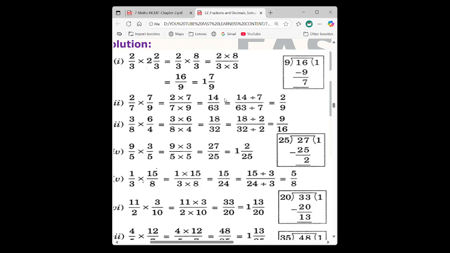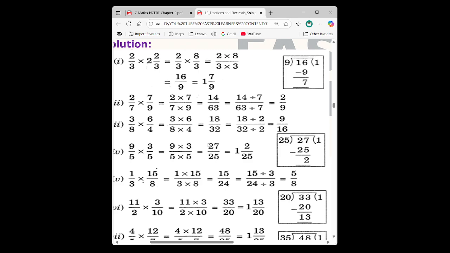Now those who do not remember what is proper fraction and what is improper fraction, let me remind you. In proper fraction, the numerator is small, denominator is big, and in improper fraction the numerator is bigger than the denominator.